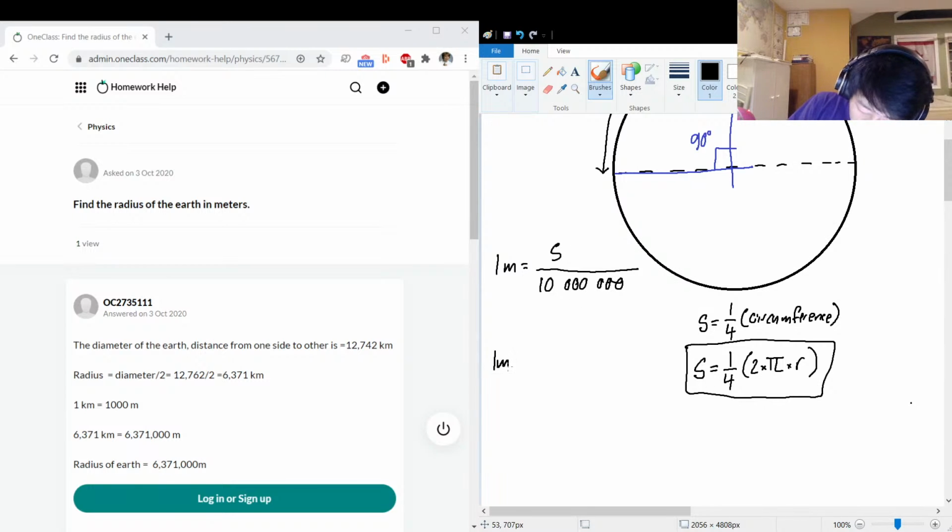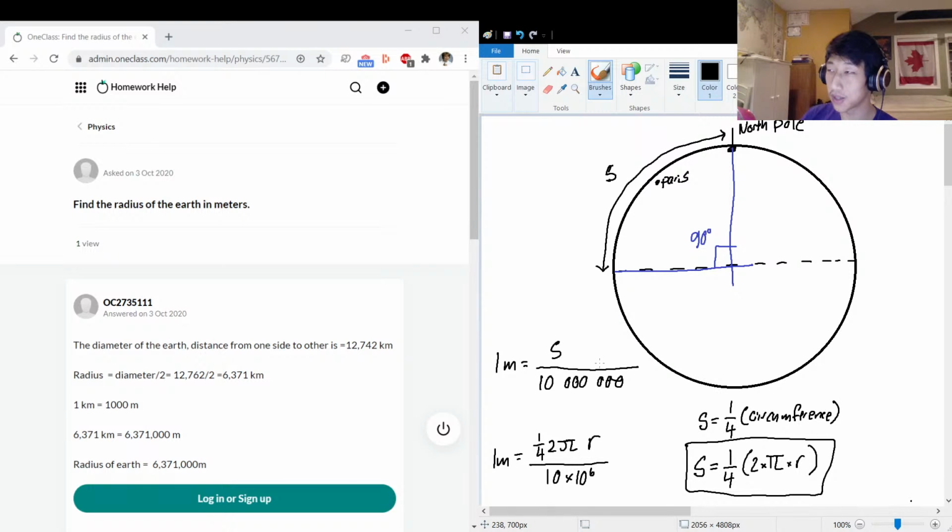So 1 meter is equal to 1/4 of 2 times pi times r over 10 million. Or instead of writing 10 million, I'll just do 10 times 10 to the power of 6, because 10 to the power of 6 is 1 million. 10 times that, 10 million. Sounds about right. Now we have basically all the ingredients that we need to solve for r.